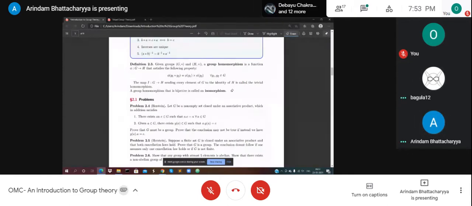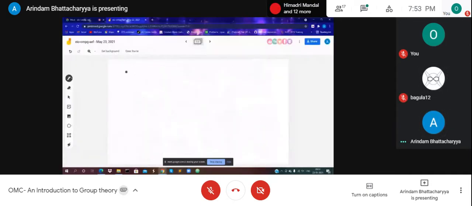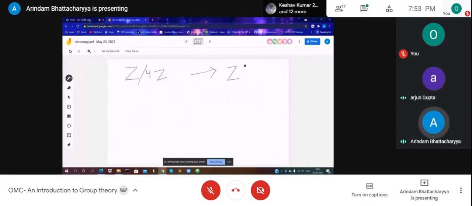Even that's not so. Let me give you an example of two isomorphic functions. Let's say Z mod 4Z to Z mod 4Z. One isomorphism is the thing which sends 1 to 1.